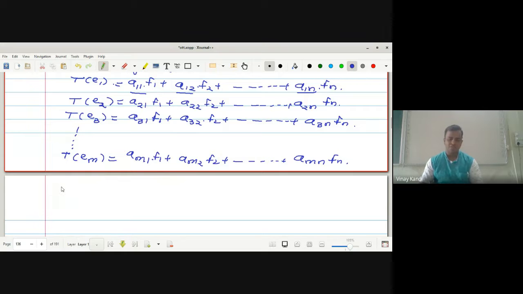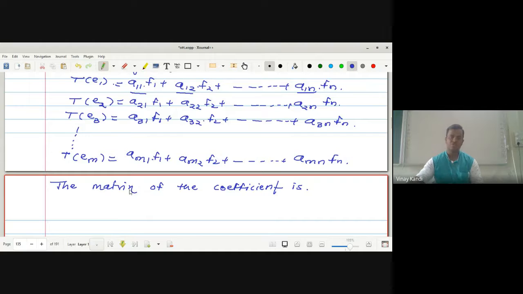So the matrix of the coefficient is, what is the matrix of the coefficient? Look at here. Write down all the coefficients in matrix form. First coefficient A11, second coefficient is A12, up to A1n. Now for T of E2, what is the coefficient of the second equation?